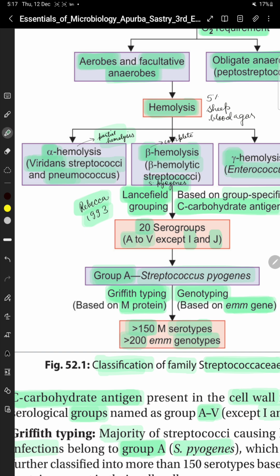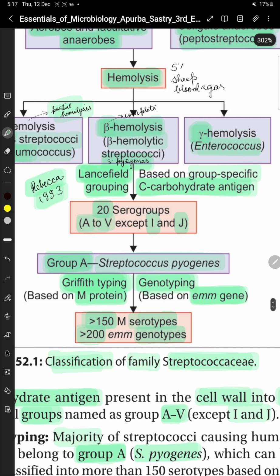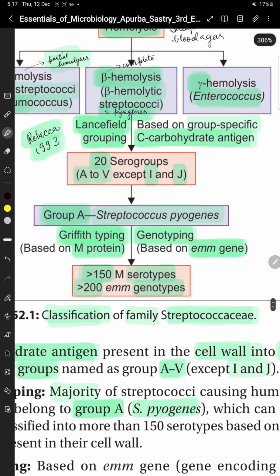Example of alpha hemolysis: viridans streptococci and pneumococcus. Beta hemolysis example: Streptococcus pyogenes and other beta hemolytic streptococci. Gamma hemolysis example: Enterococcus.